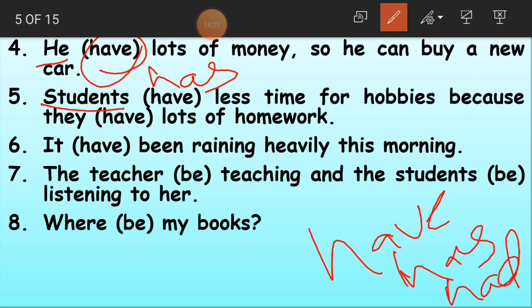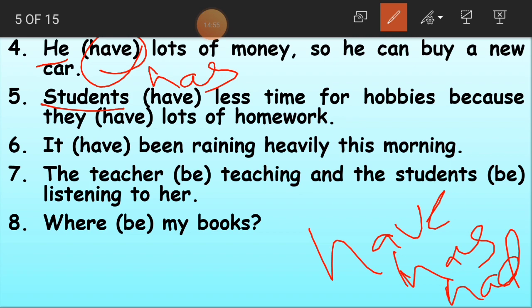They have less time for hobbies because they have lots of work. In which tense is this sentence? Are we talking about the right now condition, or are we talking about yesterday's or tomorrow's condition? In general, we are talking about the condition of the students, the state of the students, that they are not having time for their hobbies. Okay, so it comes under present tense.